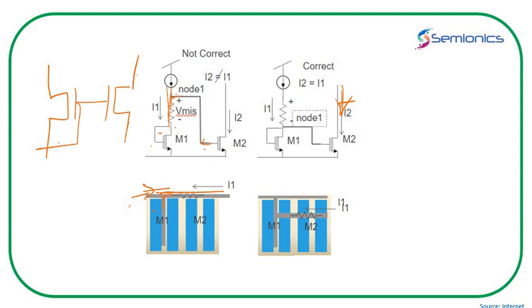Yes, gate and drain are connected, but when you're pulling out the current, pull it out from the drain connection, not from the gate. Just because gate and drain are connected for this leg, don't pull it out from there. Whenever you're pulling out the connection, pull it out from the device, the drain connection.